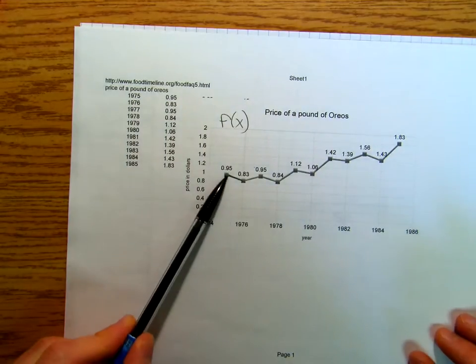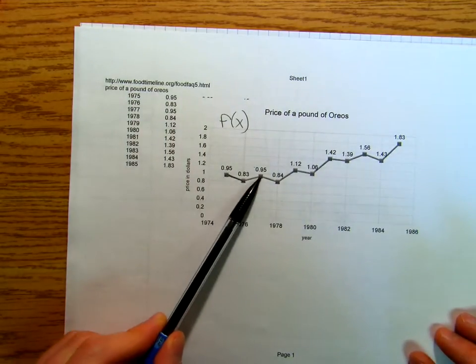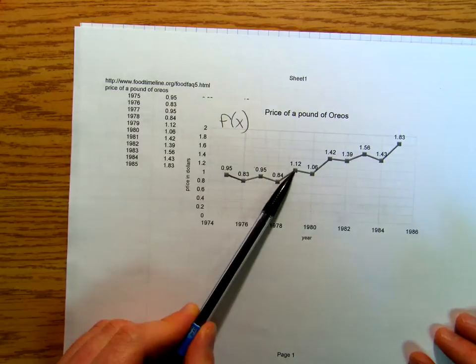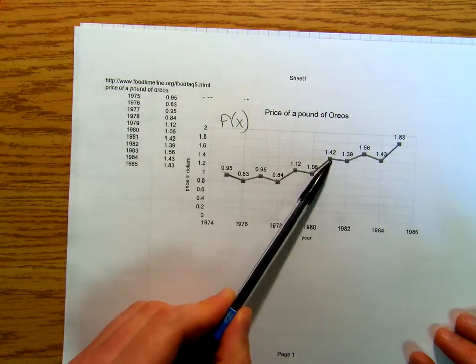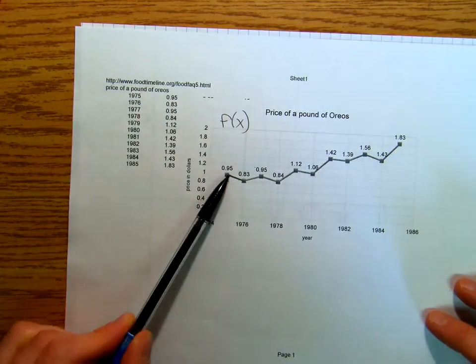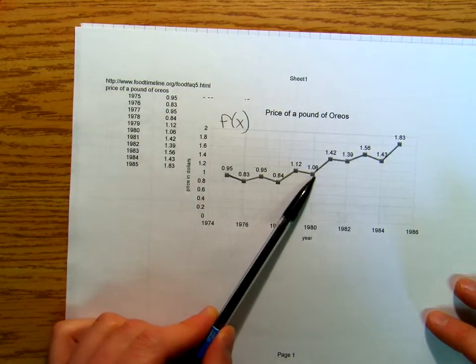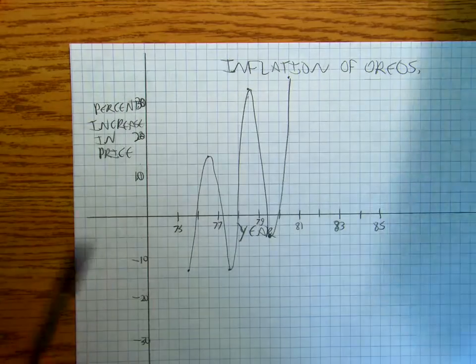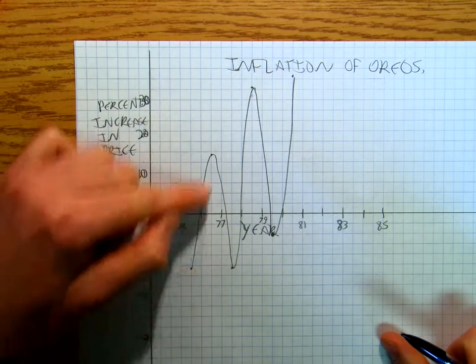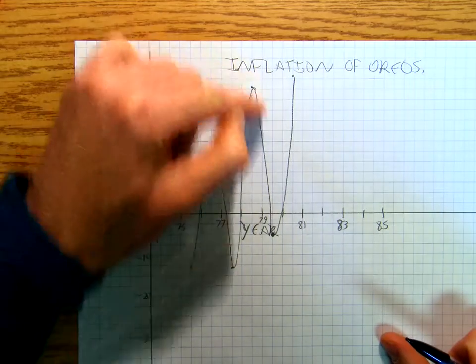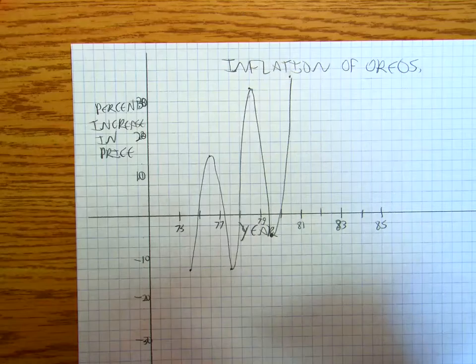My slope is negative, then positive, then negative, then positive, then negative, then positive. And it's kind of shallow, shallow, shallow, steep, shallow, steep.